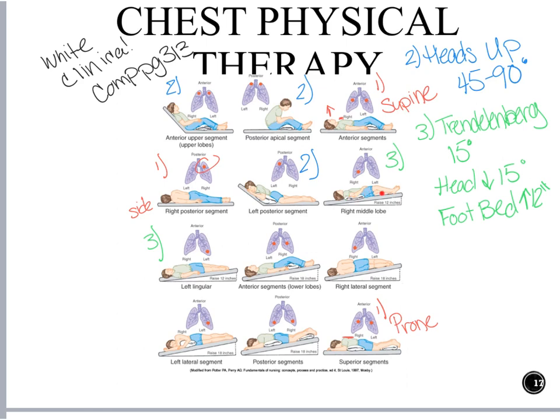So the heart's not going to work as hard to get the blood from the bottom of the body back to the vital organs. It's also going to support perfusion to the brain. We're using gravity to help us. It's contraindicated, so always know your contraindications. It is contraindicated for head trauma or brain surgery.